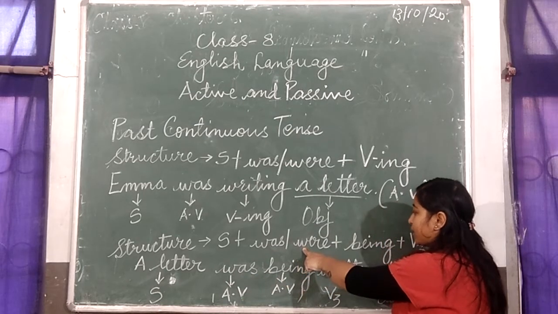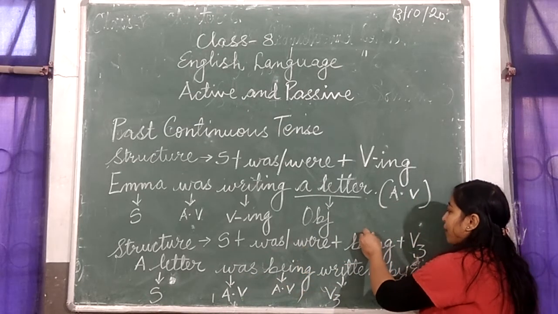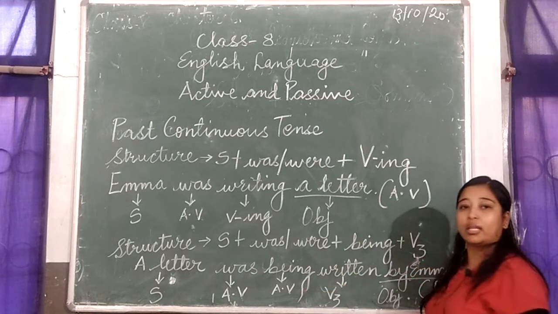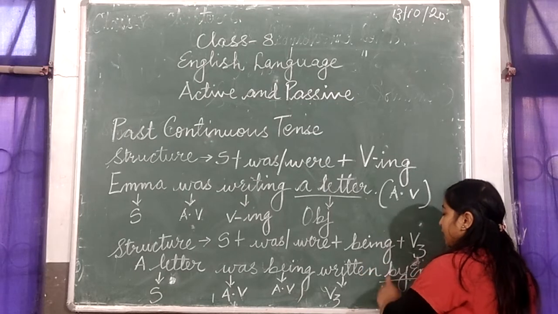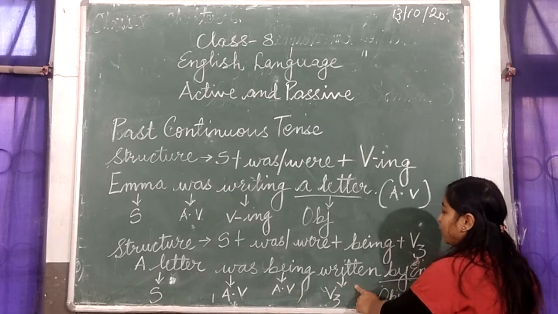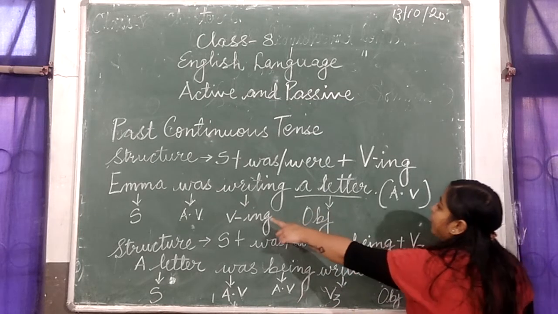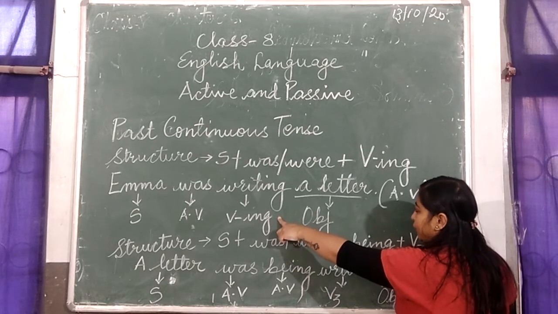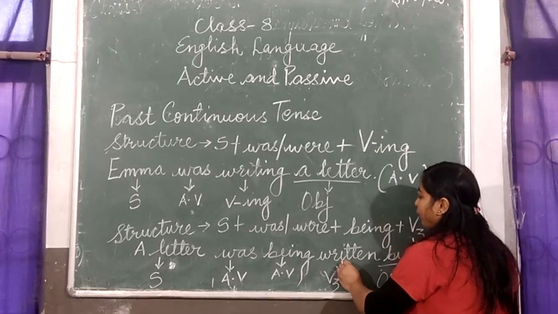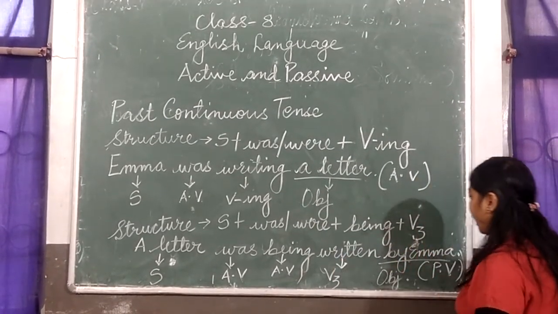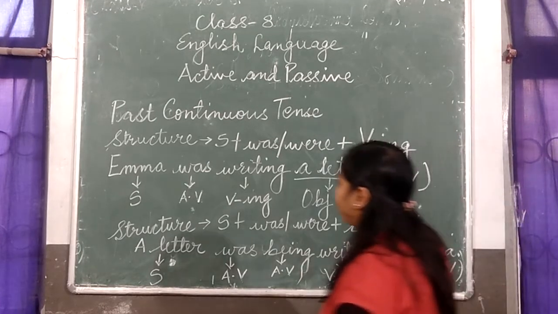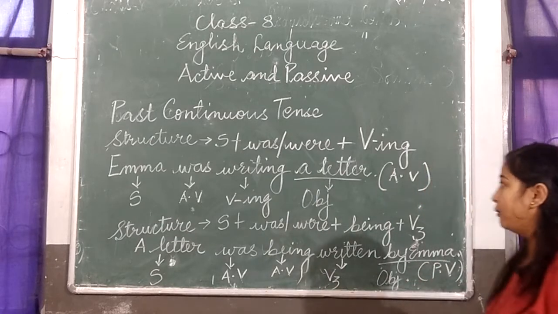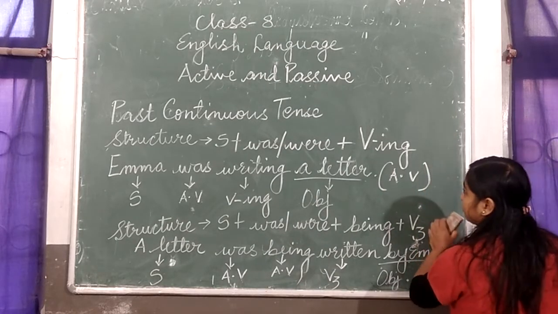Been, you have to add been. This is also an auxiliary verb, the be form of the verb. And written, the V3 form. The ing form of the verb changes into the V3 form of the verb, that is written, and by Emma is the object. I hope I have made myself clear.